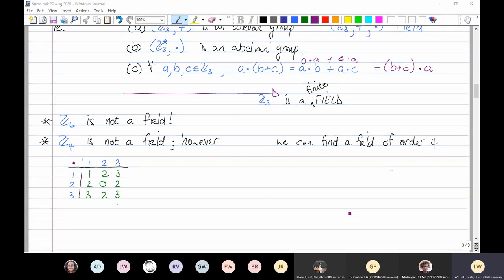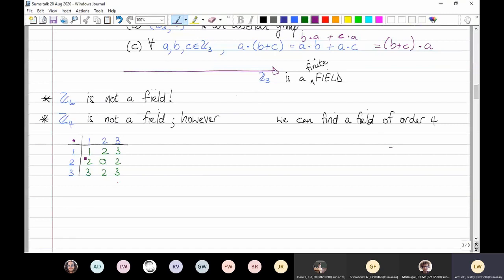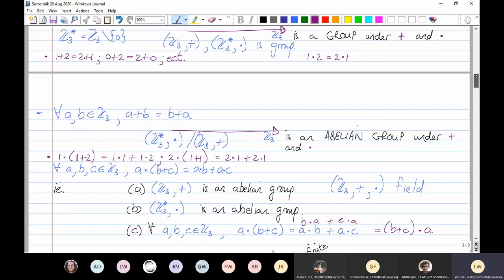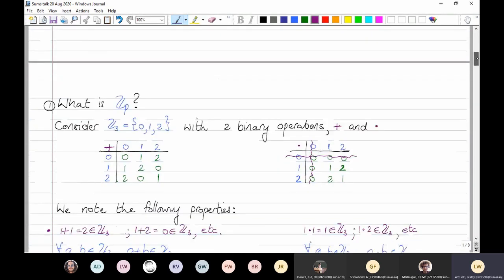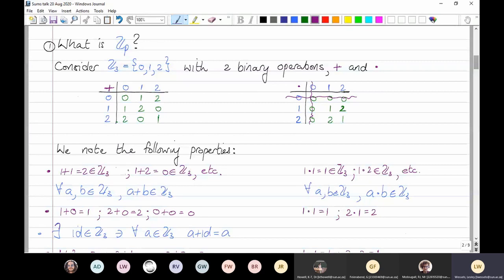If I look at the multiplicative table for Z4, you'll see that first of all, if I multiply 2 by itself, I get 0. And if you look at the previous tables, you'll see that you kind of have a Sudoku effect.